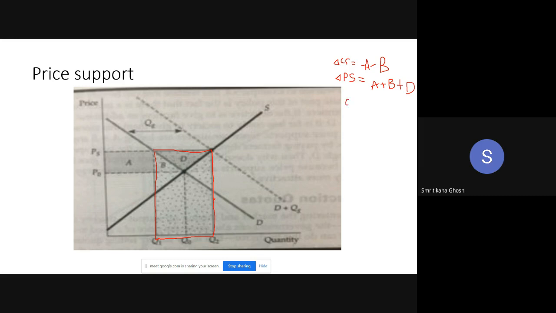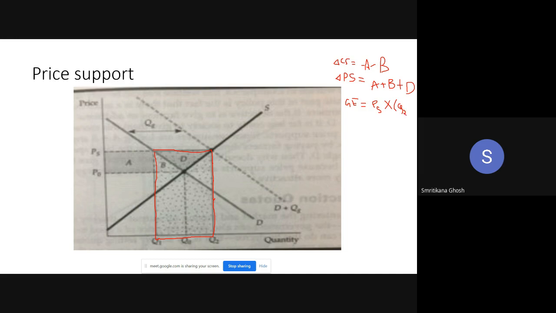Government is spending a lot. So what is the amount of government expenditure? Anyone? What is the amount of government expenditure? I told you. This total area, right? This total area. It's better to write PS into, according to the diagram, into Q2.